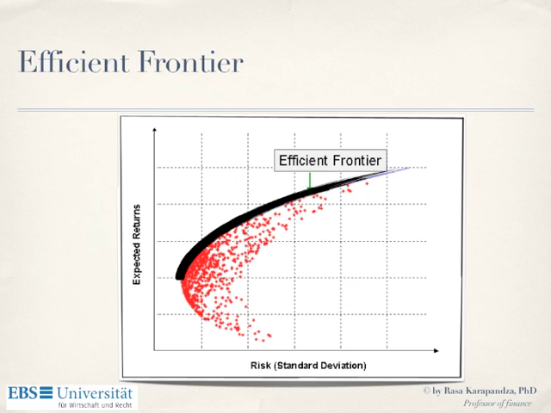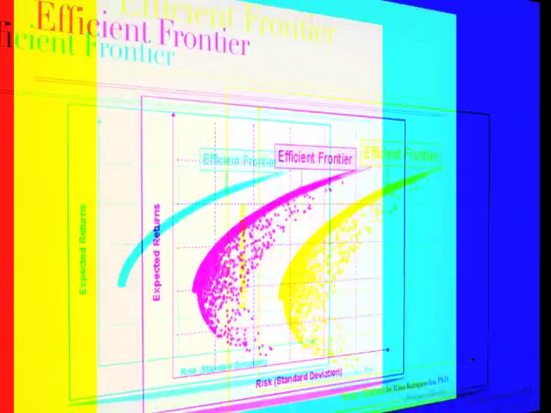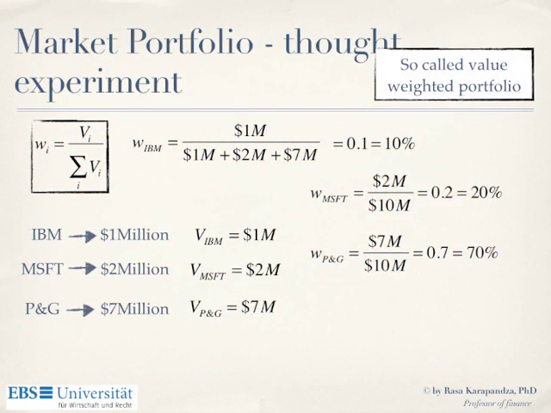And we said this is the value-weighted market portfolio. For this reason, you should know how to calculate the weights in the value-weighted portfolio. Why? Because this is the best thing in the world that you can do. You cannot do better than that. This is what theory tells you. And this is why you should know it.